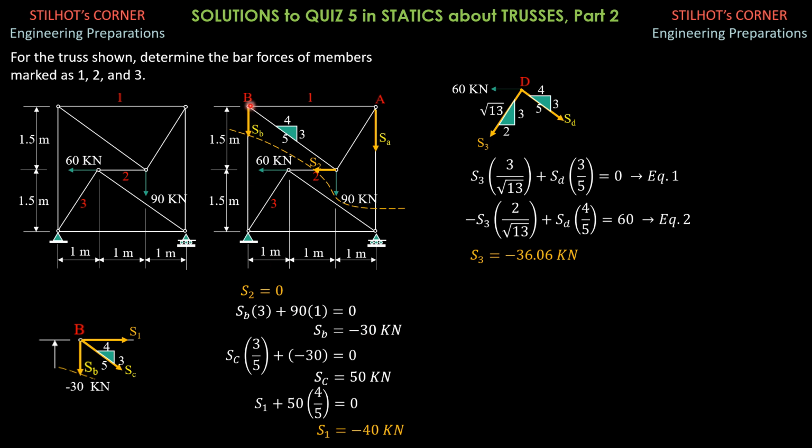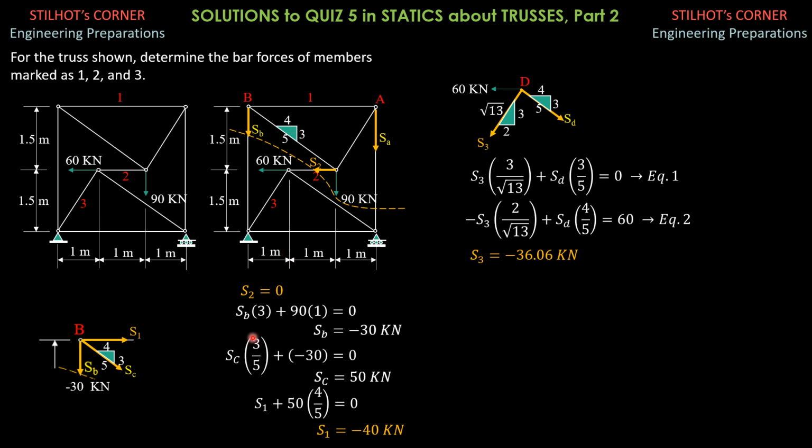Then we draw the free body diagram of joint B. These are the involved forces, S1, then S of C, I just call this S sub C. Same slope, just copy that here. 3, 4, 5. 3 because I doubled 1.5. 4 because I doubled 2. This is 2 meters times 4.